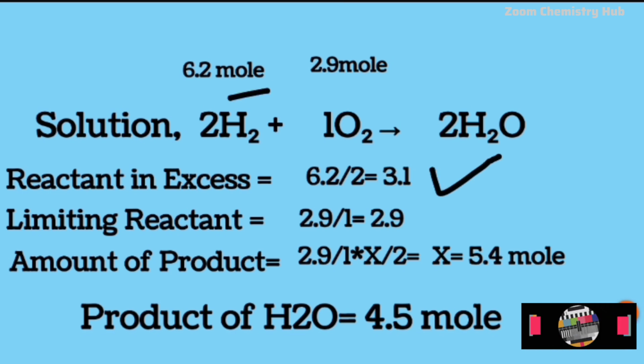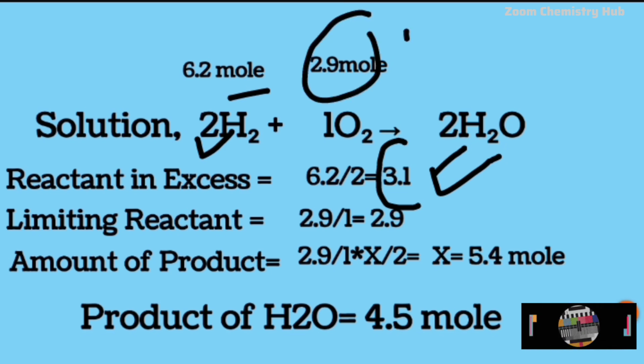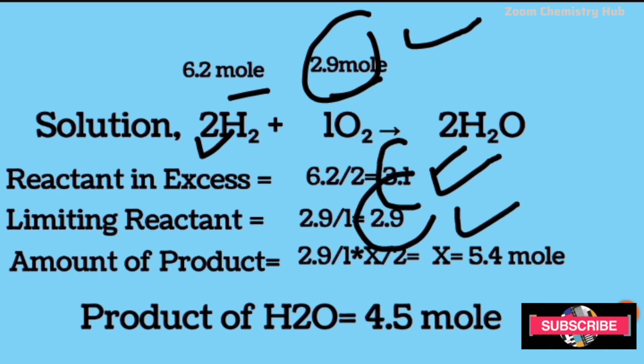That is, when we divide the number of moles by their coefficient, that is 2, we get the number of moles 3.1. And when we divide the number of moles of oxygen by their coefficient 1, we get the number of moles 2.9.